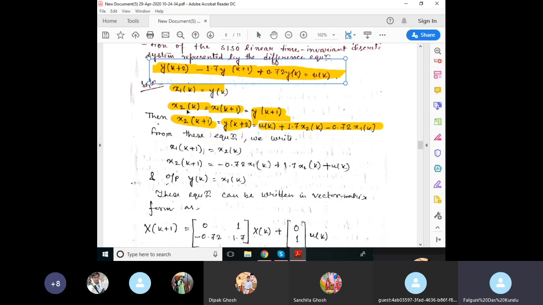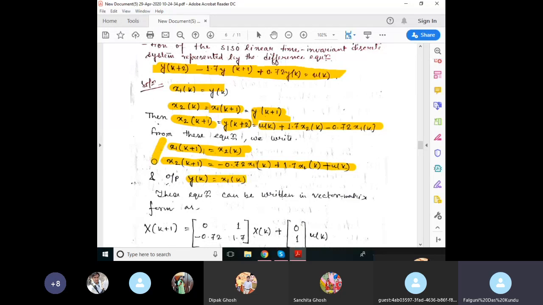Now from this we can say that x1 of k plus 1 is nothing but x2 of k, and x2 of k plus 1 is minus 0.72 x1 of k plus 1.7 x2 of k plus u of k, and the output y of k is nothing but x1 of k.